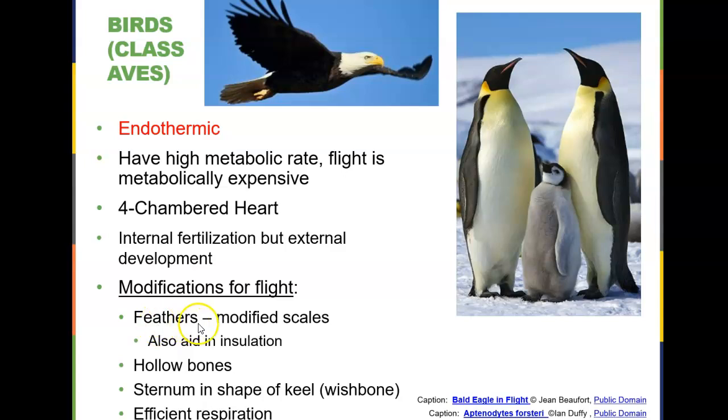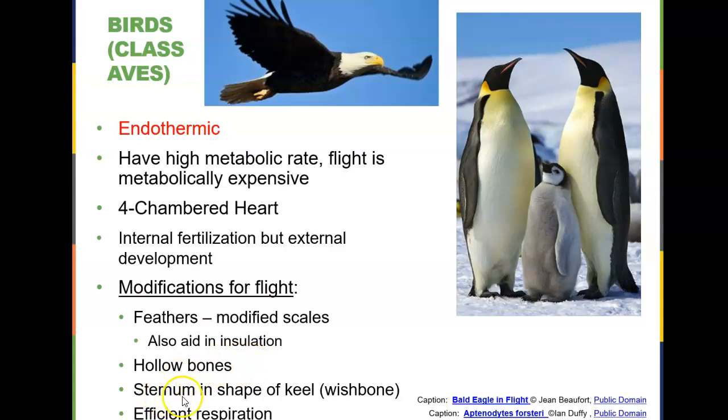They have feathers, which are modified scales. So feathers are modified scales, which allow them to utilize the wind and also aids in insulation. They also have hollow bones to help reduce their weight in order to give them more loft.